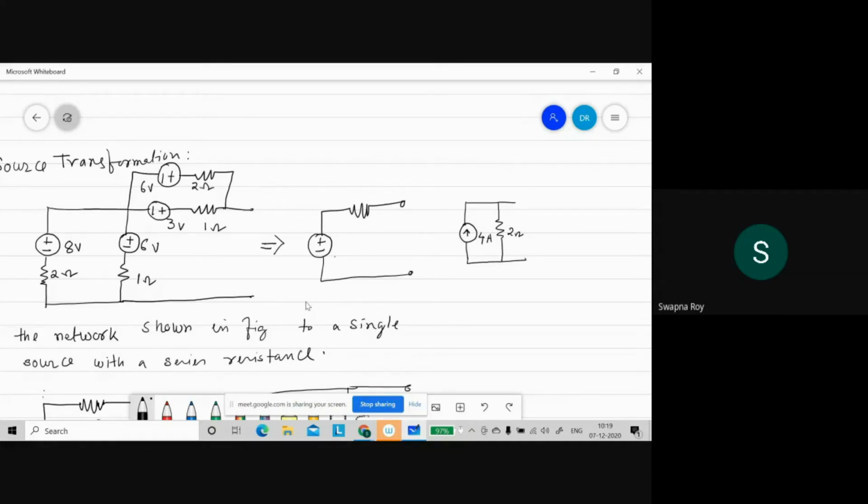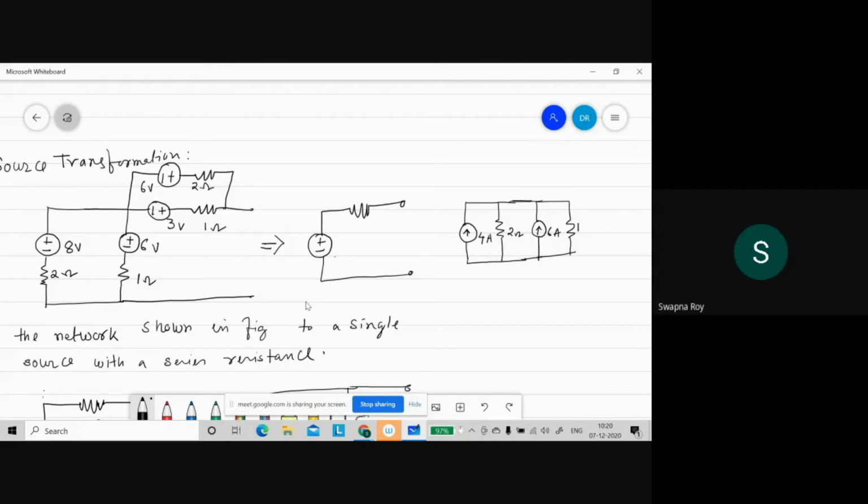Now another, 6 volt 1 ohm. Again V is equal to IR. What will be the value of current? Tell me. 6 ampere. Right, 6 ampere, and the resistance parallel to it is 1 ohm.